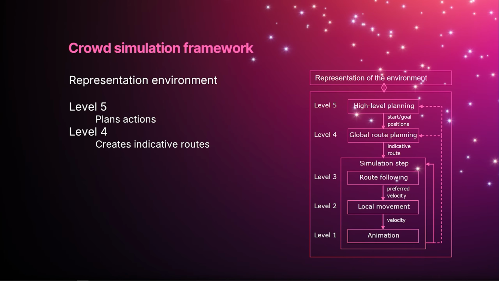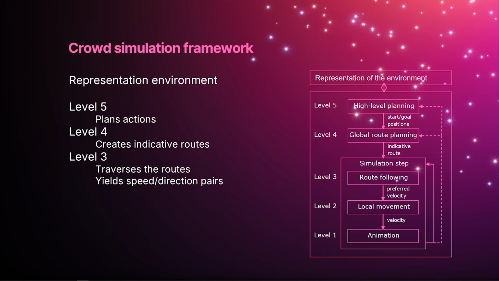And given a start and a goal, we try to connect it using an indicative route. So an indicative route indicates how a character globally wants to walk or move through an environment, connecting the start with the goal.